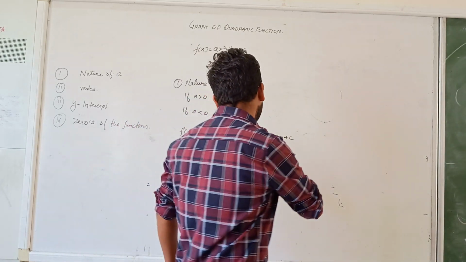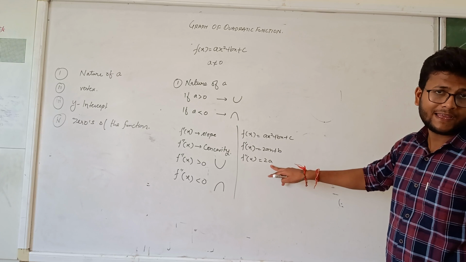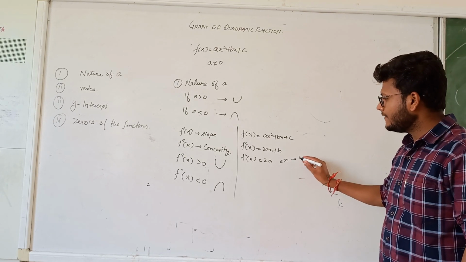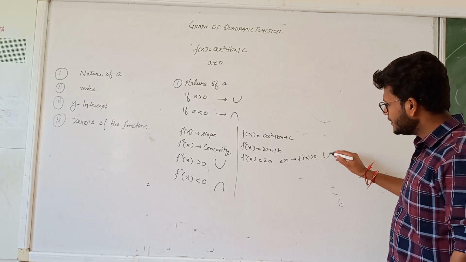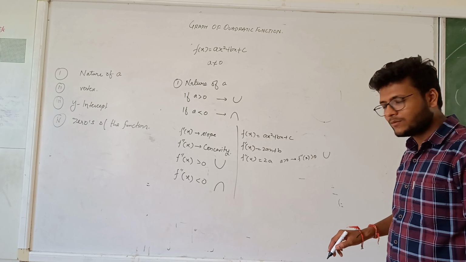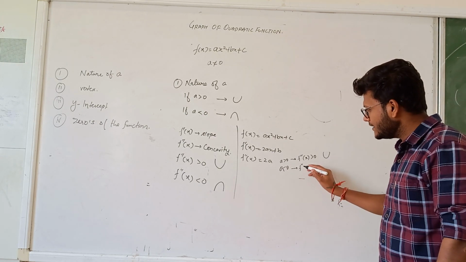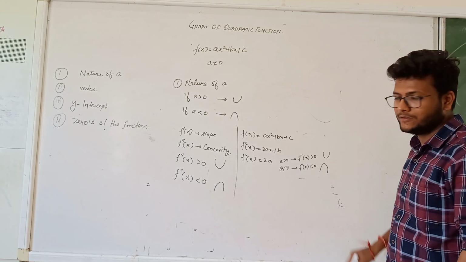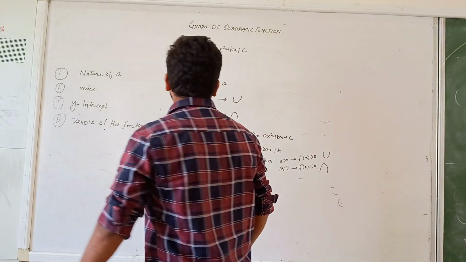So the nature of f''(x) depends only on a. If a is greater than 0, f''(x) is greater than 0, so concavity up, meaning an upward parabola. If a is less than 0, f''(x) is less than 0, so concavity down, meaning a downward parabola.